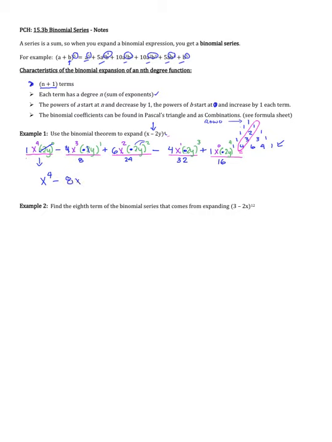So I have 8x cubed y to the 1st plus, and again I've already figured out my numbers, so this will be 24x squared y squared minus 32 x to the 1st y cubed, and our last term is 16y to the 4th. There's a 4 up there, it kind of got lost, it's right there.